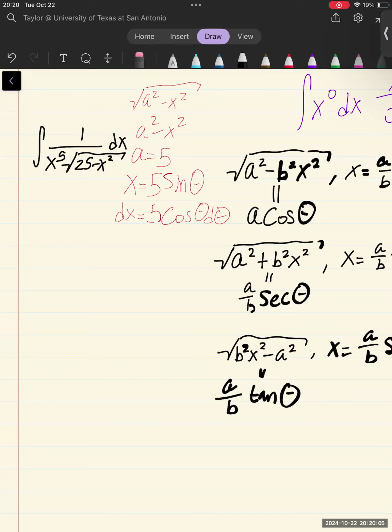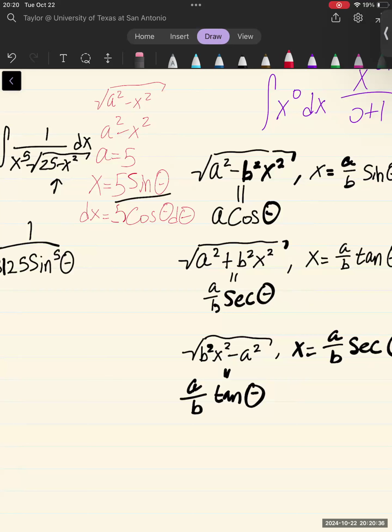This expression breaks down into the integral of 1 over, and then x is 5 sine theta. So x to the 5th is going to be 3125 sine to the 5th theta. And then we know that this term simplifies to a cosine theta.